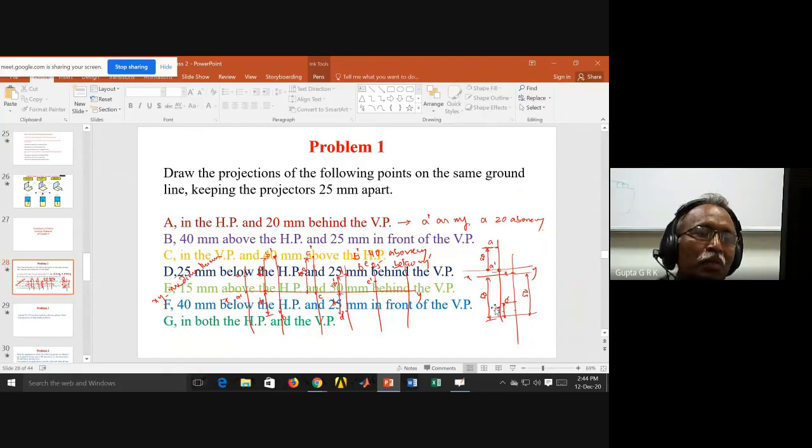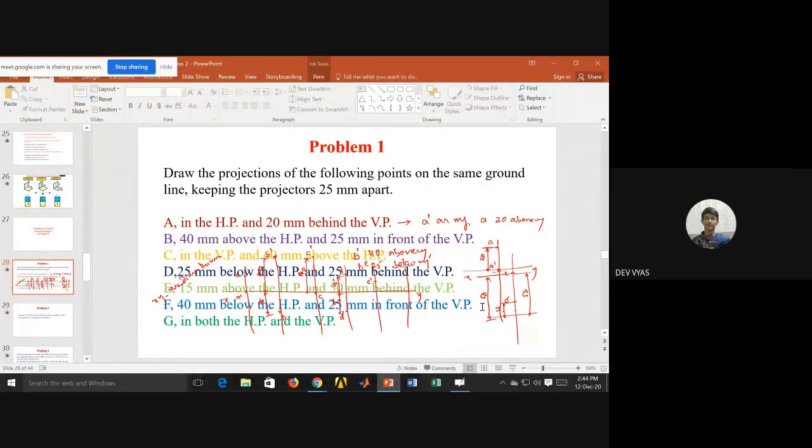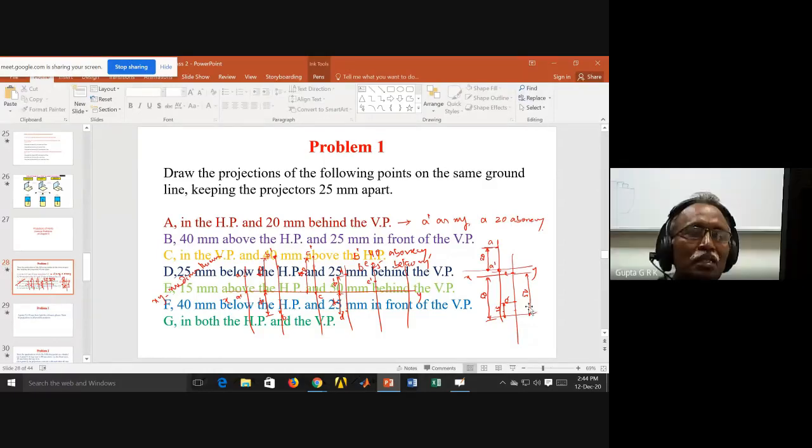When the number is coming in between the two lines, I have to put more distance, 1 centimeter. When the number is coming outside of the lines, then you can keep 8 mm only. Is that clear or not? Yes, sir.